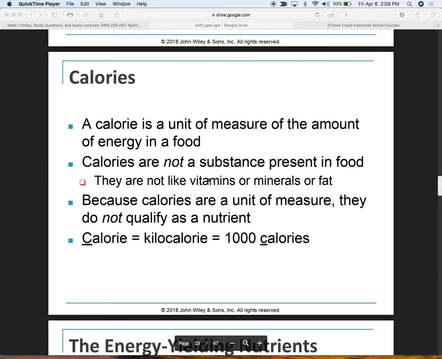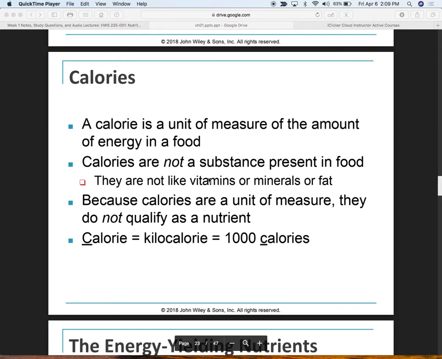Okay? And so the amount of calories in a certain type of food or substance is measured quite literally by burning it and seeing how much heat it gives off. If you wanted to see how many calories were in some food, you could put it into an instrument called a bomb calorimeter, burn it up, and measure the amount of heat it gives off.